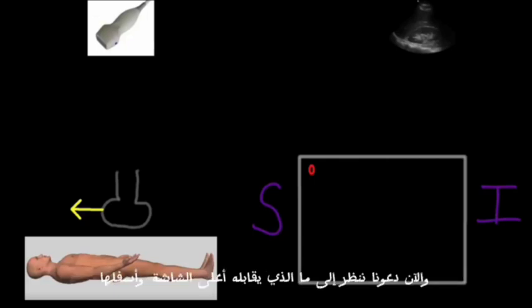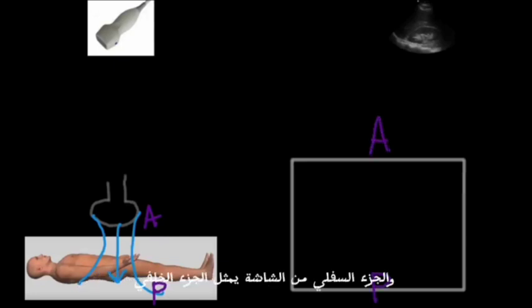So now let's look at what the top and the bottom of the screen correspond to. And to do that, we have to think of our ultrasound probe as a flashlight. So if I place my ultrasound probe, or my quote-unquote flashlight, on the patient, where is the ultrasound beam shining from? And where is the ultrasound beam shining to? Well, in this case, the ultrasound beam is shining from the anterior of the patient toward the posterior of the patient.